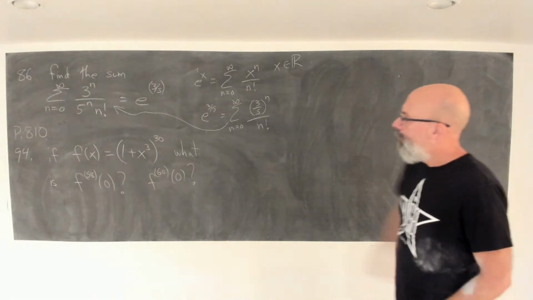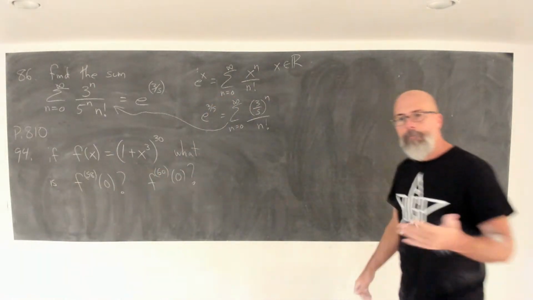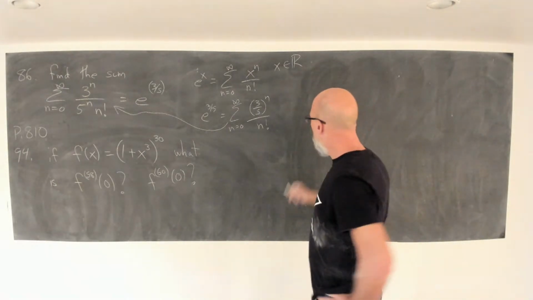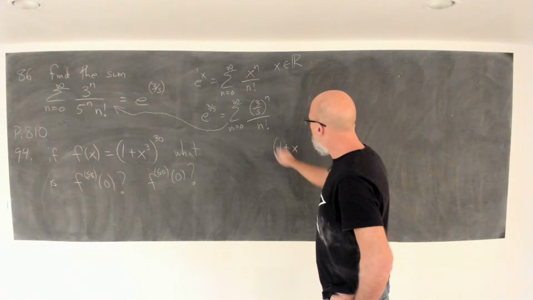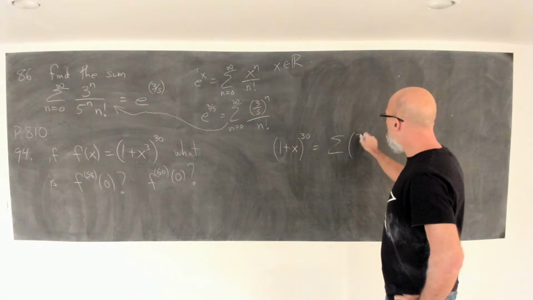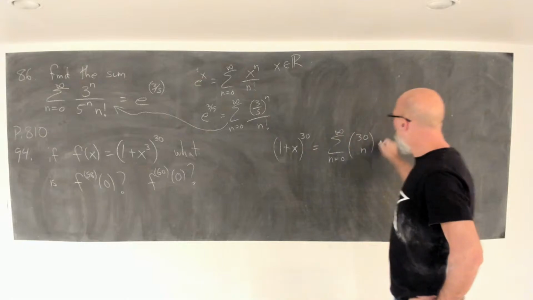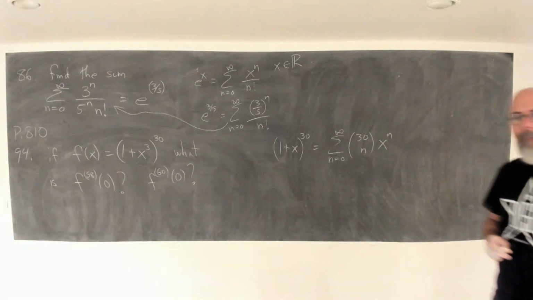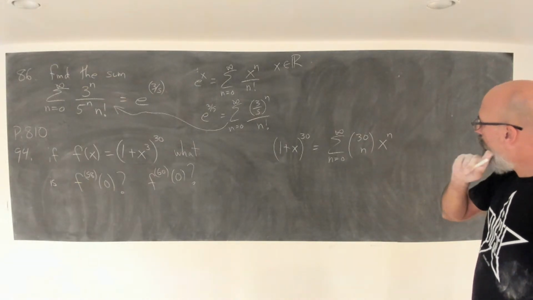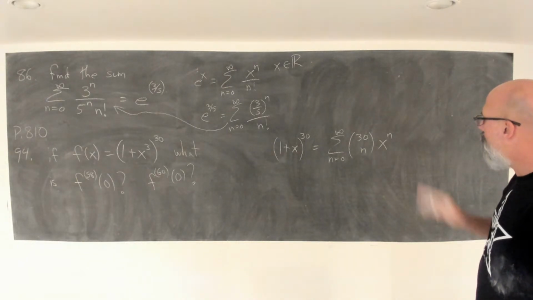All right. Well, you're looking at this and you're thinking to yourself, binomial theorem, right? 1 plus x to the 30 is the sum of 30 choose n, x to the n. And by the way, I did not tell you for what values of x.